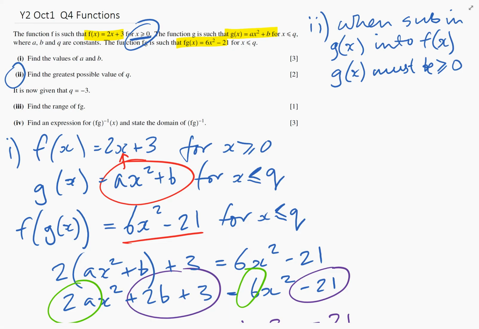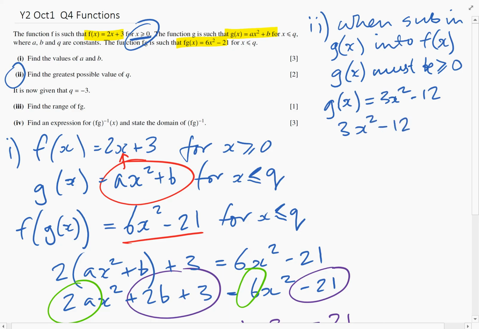So if g(x) must be positive, we just worked out what a and b are. So g(x) equals 3x squared minus 12. If we know that must be positive, then we get that. And now we've got to solve this inequality.